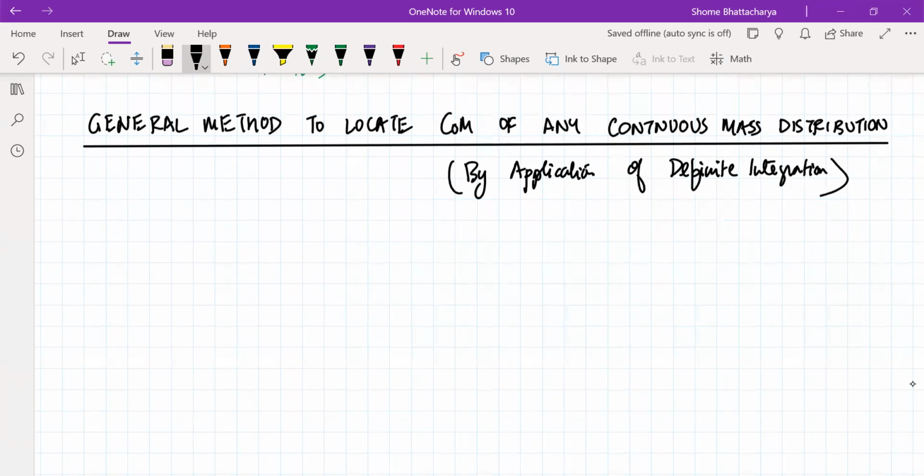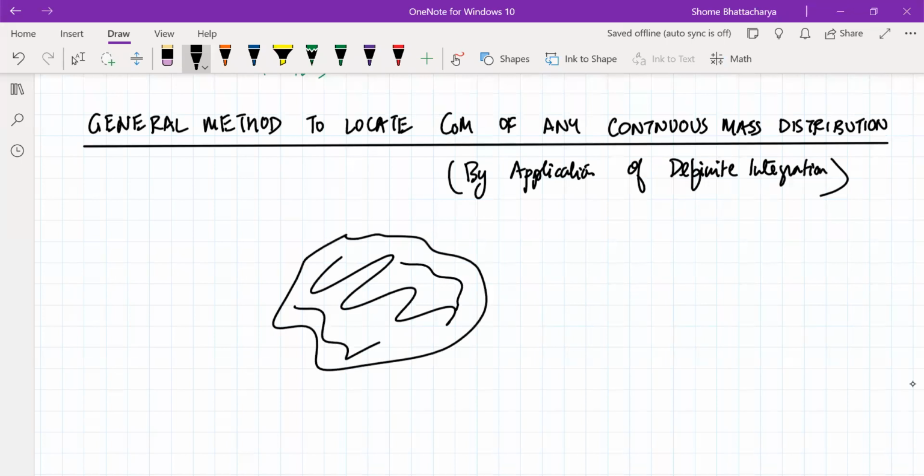So the idea here is that suppose we have any general kind of rigid body of total mass m, located at some position with respect to our coordinate frame.